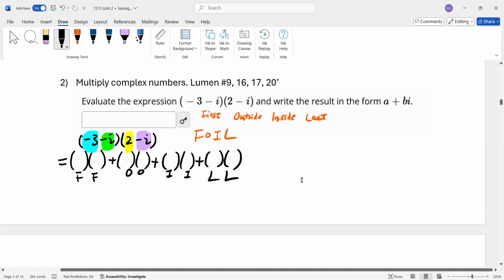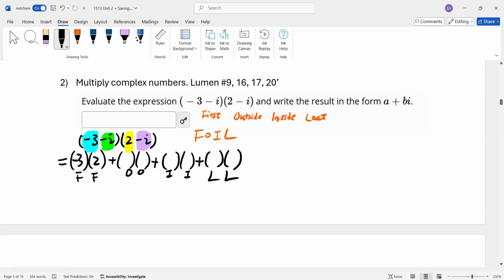Now I'm going to fill in the 8 blanks. First, the blue and the yellow. -3 is the first term in the first parenthesis, and the yellow 2 is the first term in the second parenthesis. So that is the first.